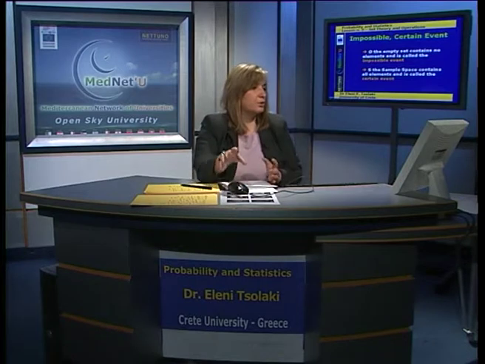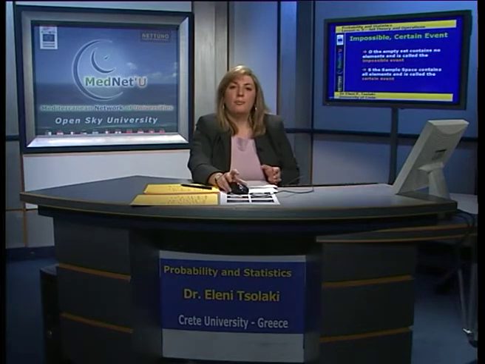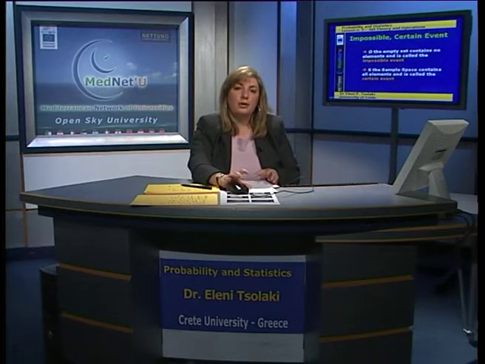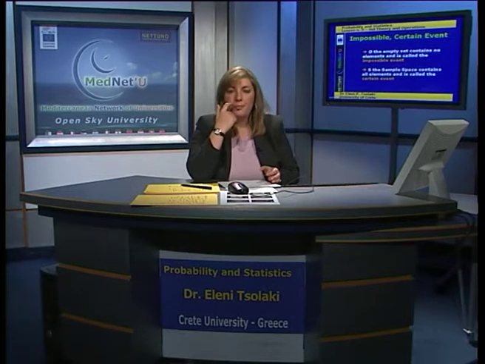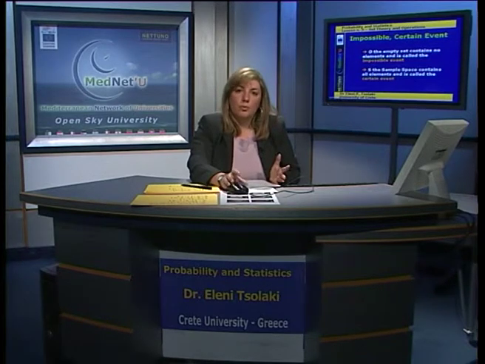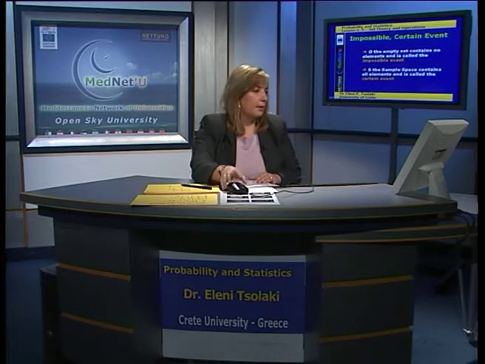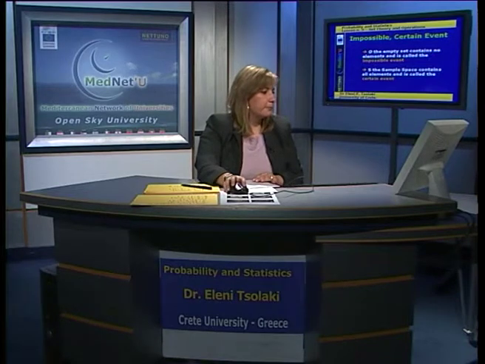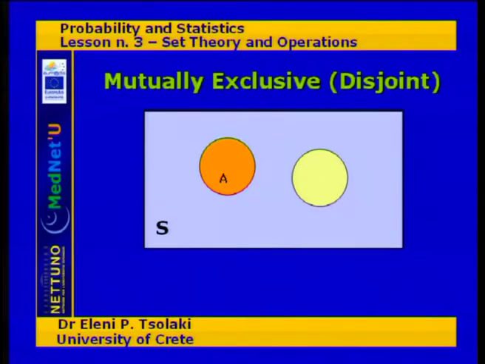Now we are going to see a bit more with operations using Venn diagrams and see how we can practically use them when we have examples. Mutually exclusive or disjoint are called two events that do not have common elements.